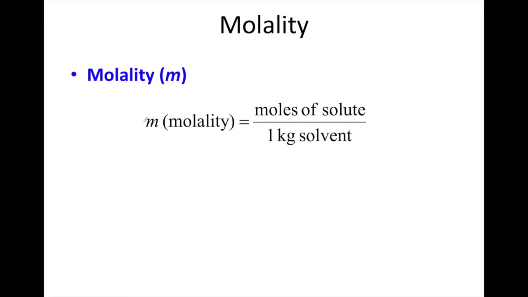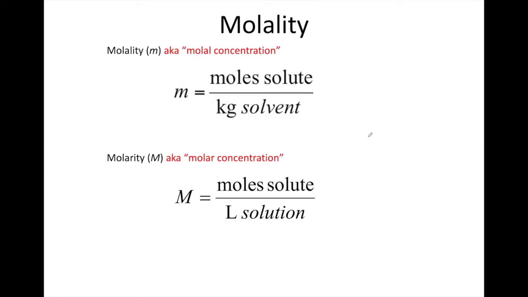Molality, which is abbreviated as a script m, a little lowercase m, is defined as the moles of solute divided by the kilograms of solvent. Let's compare this to molarity, which is a concentration term that we're very familiar with.